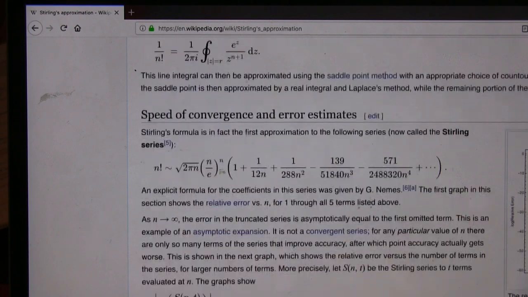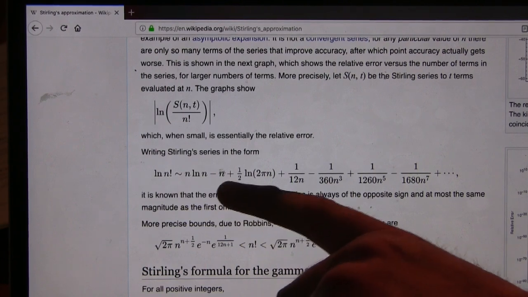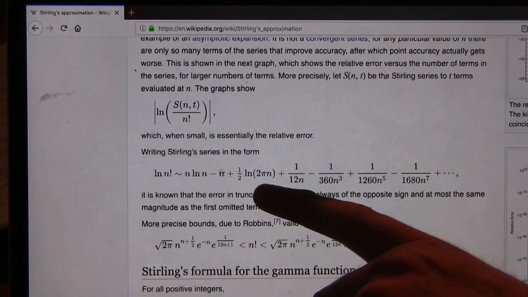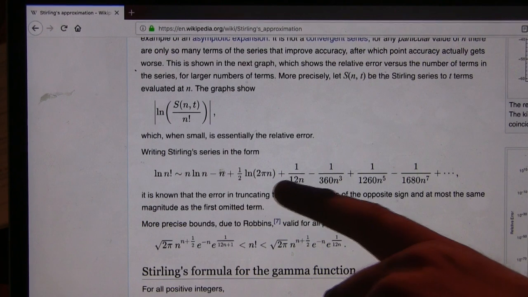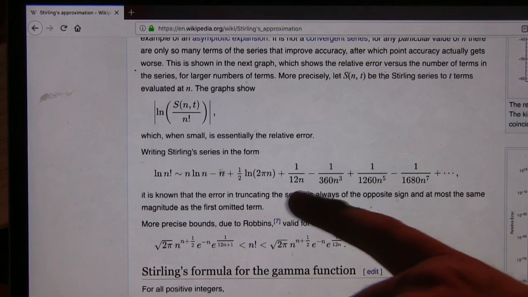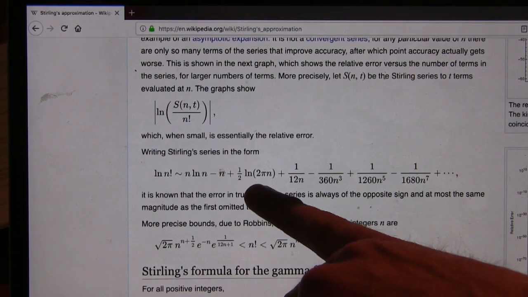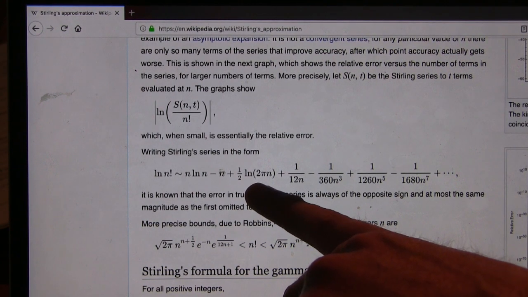And then here they are, this is what I was remembering. Log of n factorial is approximately n ln n minus n plus 1/2 ln 2 pi n plus 1/12 times 1 over n. So this term we could have added on to shrink our errors even more.